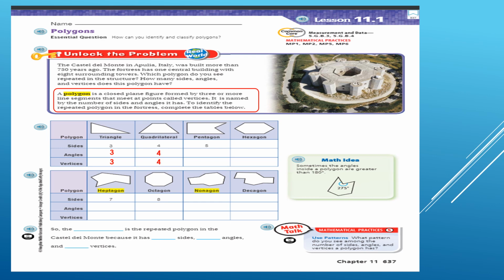Very easy. 4, 4, 4. Pentagon, 5, 5, 5. Hexagon, 6, 6, 6. Heptagon, 7, 7, 7. Octagon, 8, 8, 8. Nonagon, 9, 9, 9. And decagon, 10, 10, 10. Very well.